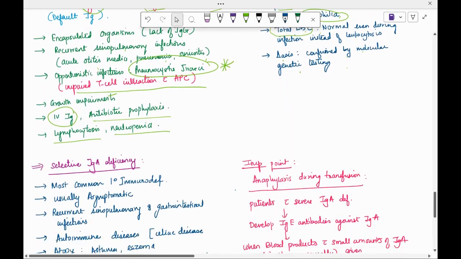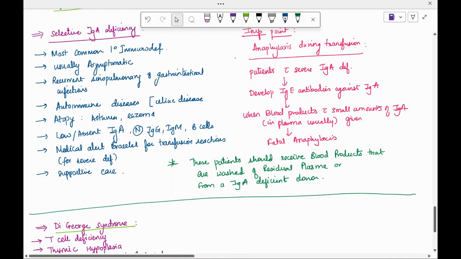Okay, now we have one more thing which is important, the selective IgA deficiency. Why is this important? Because it is the most common primary immunodeficiency, and it is usually asymptomatic. You come to know only when you are doing transfusion. Now again, here there are recurrent sinopulmonary and GI infections if the patient is symptomatic, if it's severe.